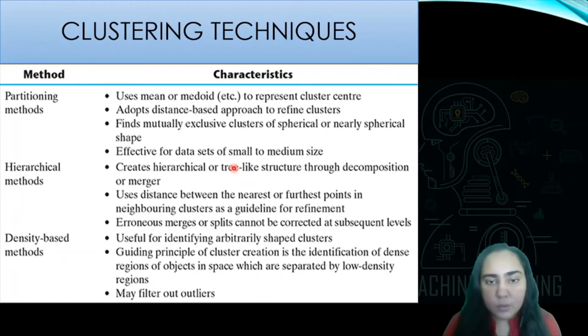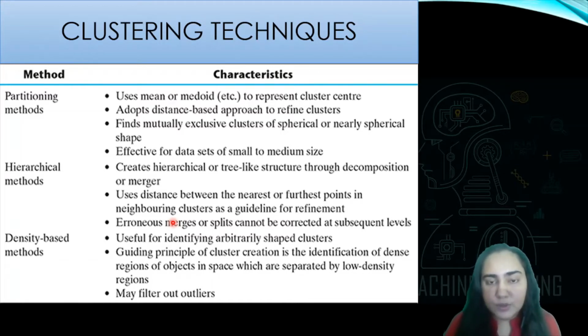And once again, you are using the distance measure between the nearest or furthest point in the neighboring clusters as a guideline for refinement. One of the disadvantages of a hierarchical method is that if you have some erroneous merges or splits, you cannot correct them in the subsequent levels.